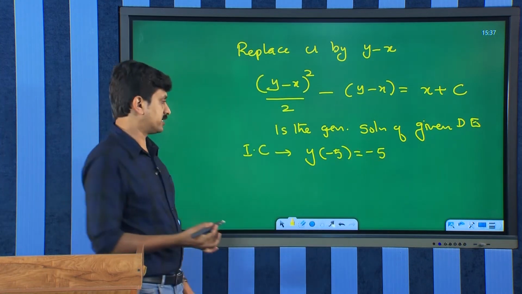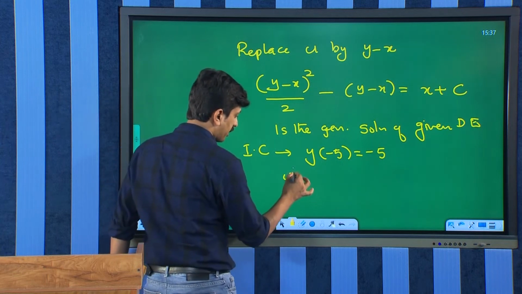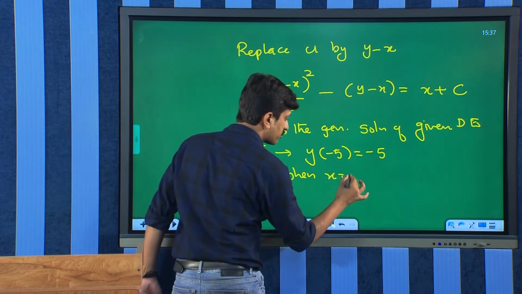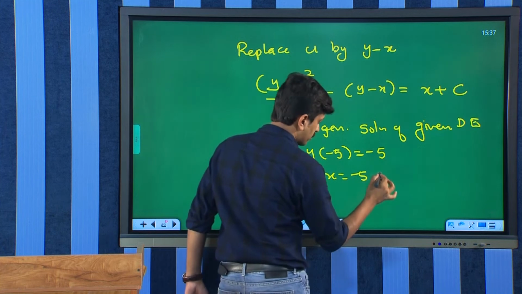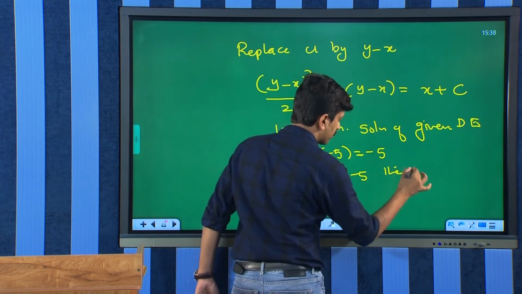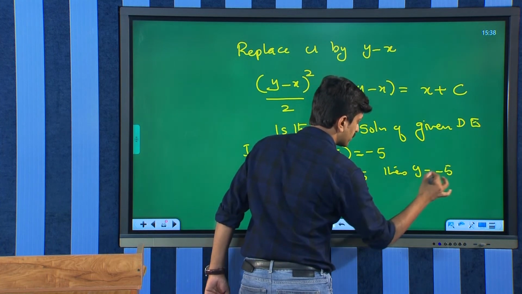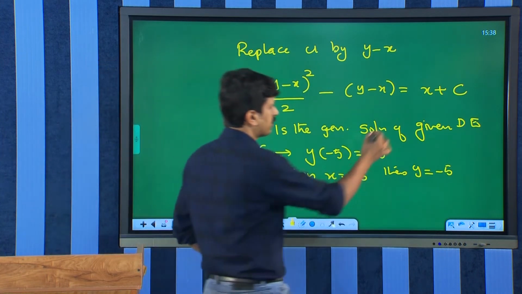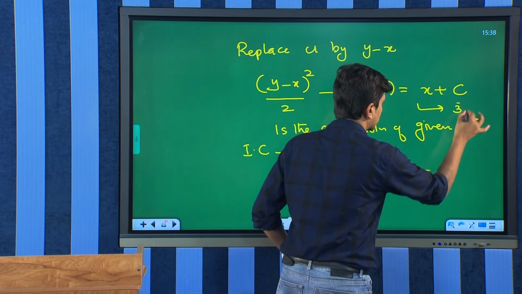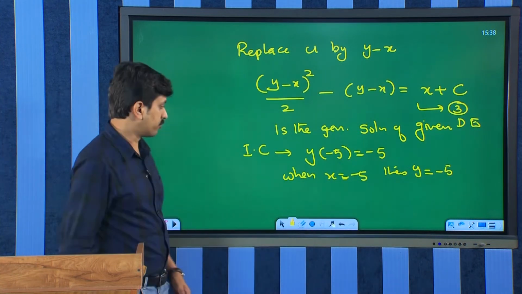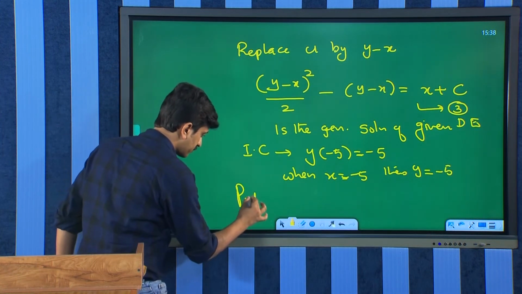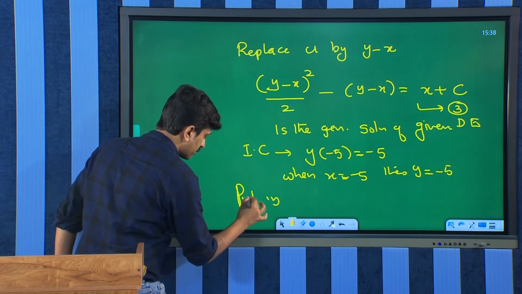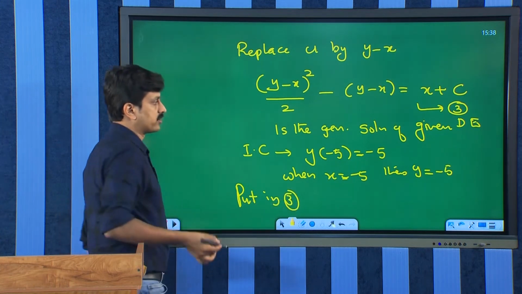That means when x is equal to minus 5, then y is equal to minus 5. So we put this in equation number 3.